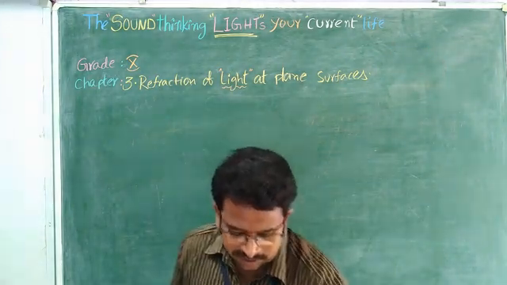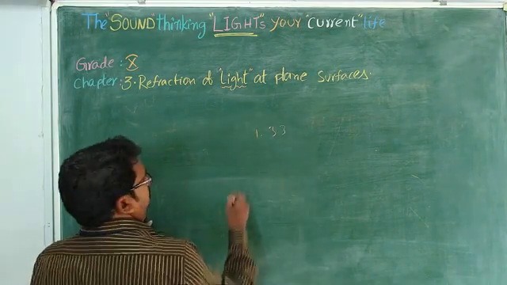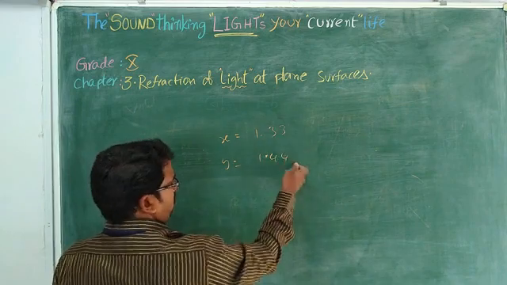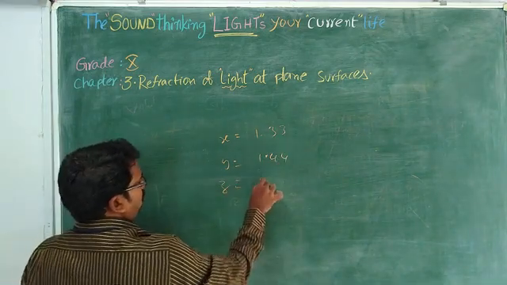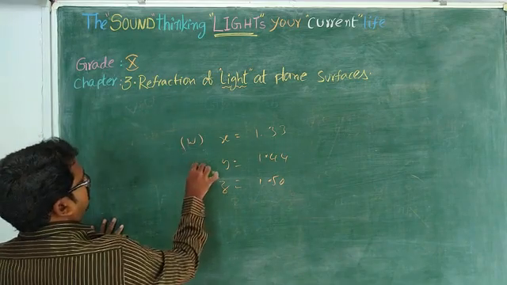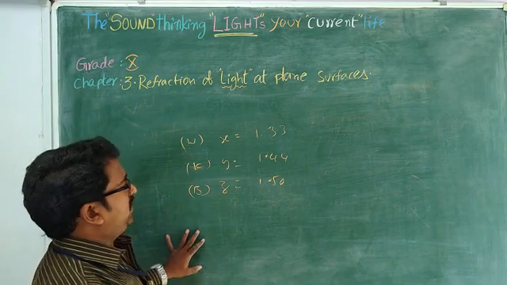For example, they give a table like this: a few substances with their refractive indices, such as water, kerosene, and benzene with 1.50. Like this, three substances are given.